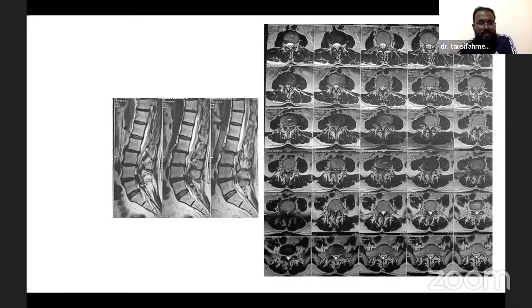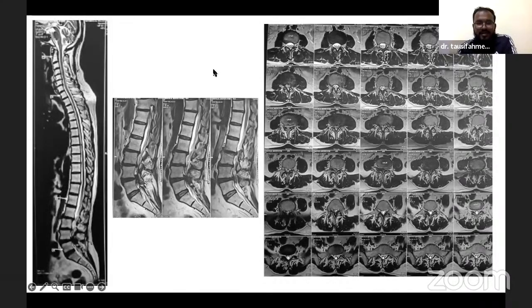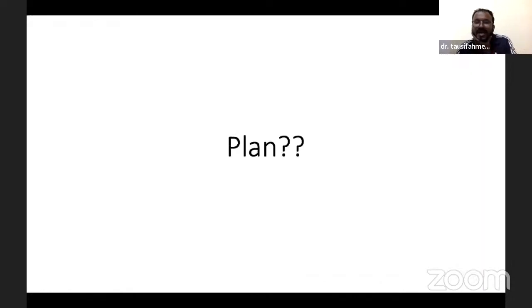Okay, sir. Before that, we should not miss the whole spine sequence to look for a higher level stenosis, and as correctly planned by Aditya sir, that is the plan for this case.